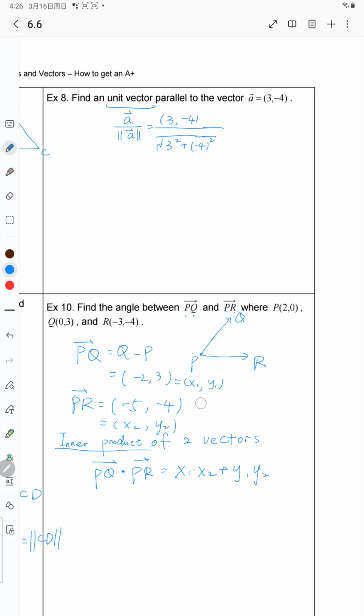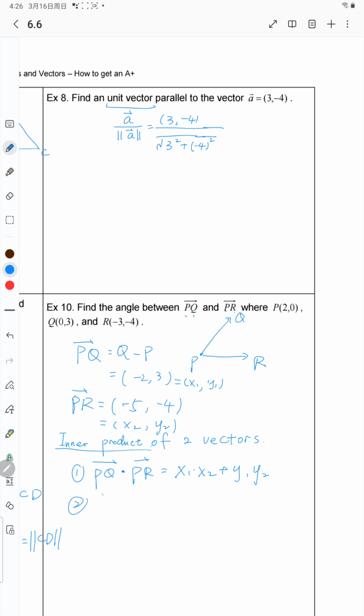Then the inner product is just coordinate-wise multiplying their scalars together. So x1 multiplied with x2 plus y1 multiplied with y2. So this is the first formula of the inner product.